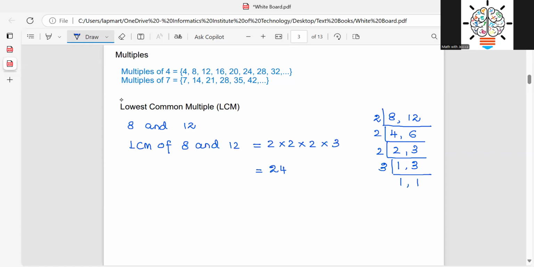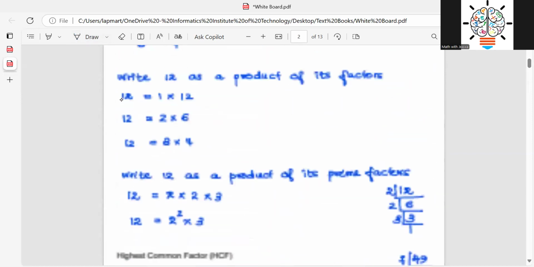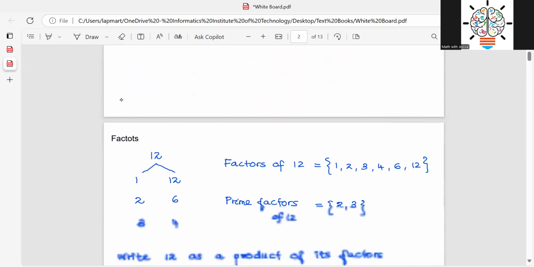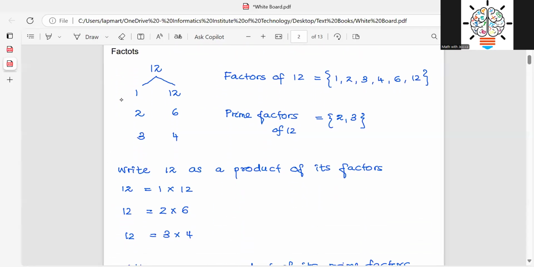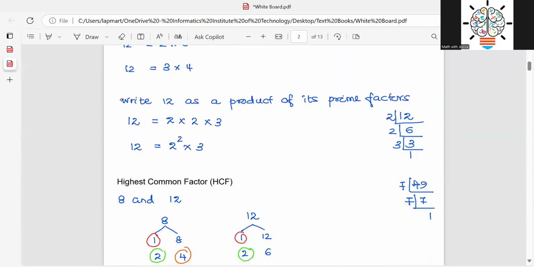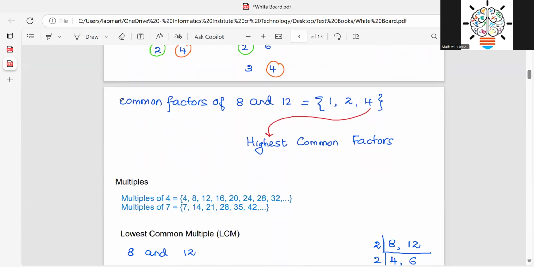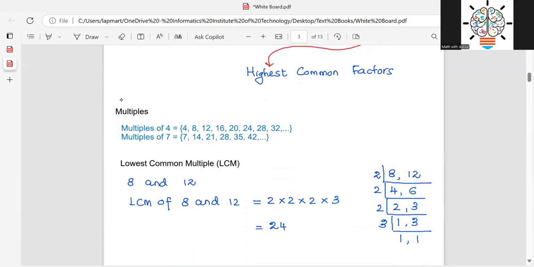So 24 is the lowest common multiple of 8 and 12. Here, children, we discussed the prime numbers, then the factors and the prime factors, then the highest common factor, and the multiples and the lowest common multiples.